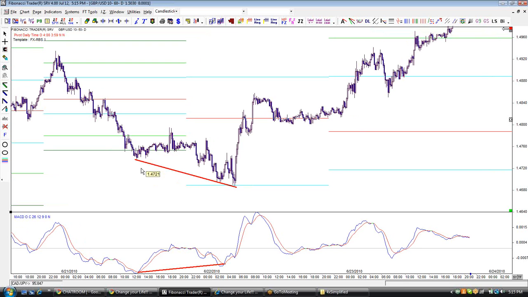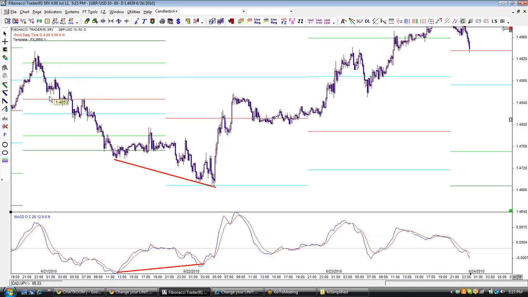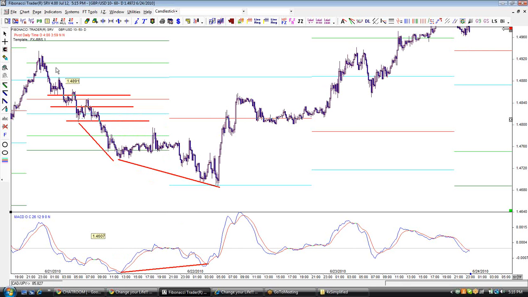And the way we use it is, here you guys can see how price is making lower lows. Price keeps on making lower lows. At the same time, I will use the vertical line.